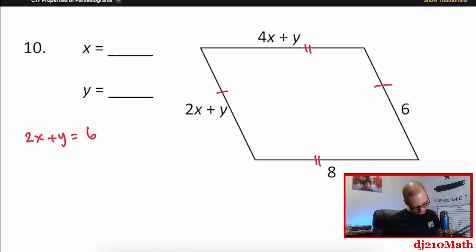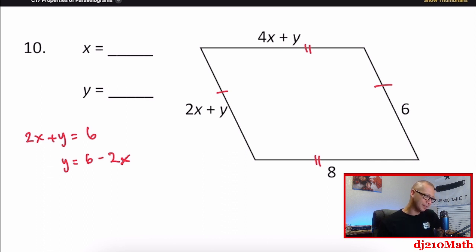Okay, this is kind of interesting. I mentioned we have two variables, so my instinct is to solve for y. So y is equal to 6 minus 2x.